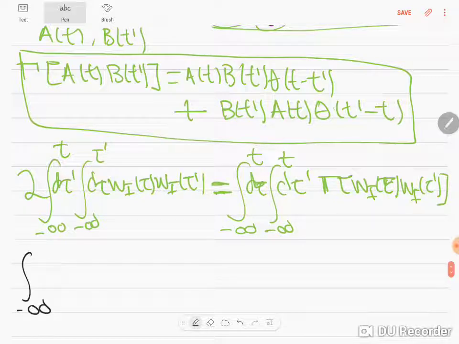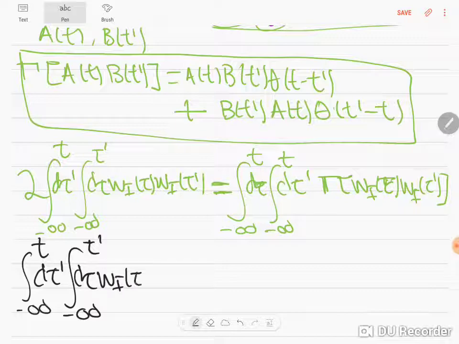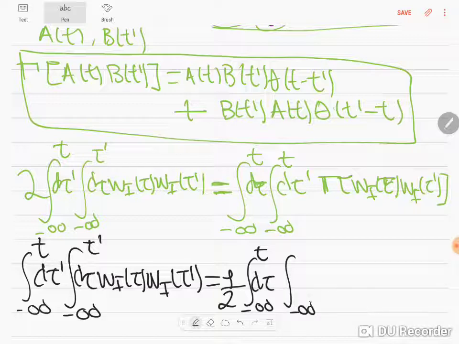The integral from minus infinity to t of d tau prime, the integral from minus infinity to tau prime of d tau of W_I of tau, W_I of tau prime is equal to 1/2 the integral from minus infinity to t of d tau, integral from minus infinity to t of d tau prime, integrating the time ordered product of W_I of tau, W_I of tau prime.